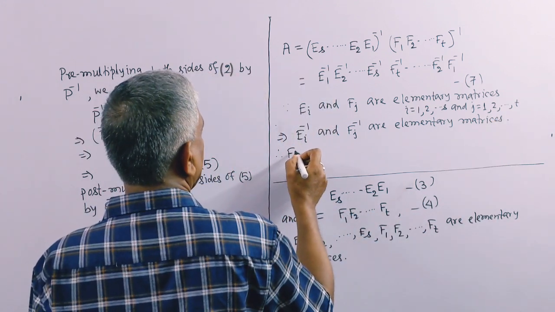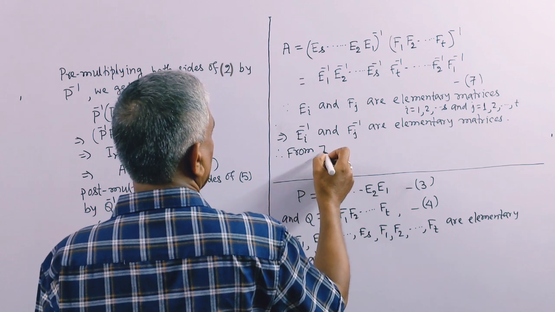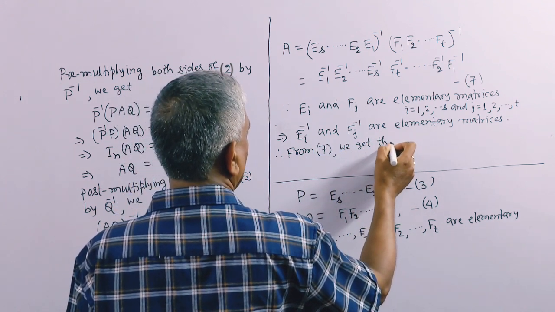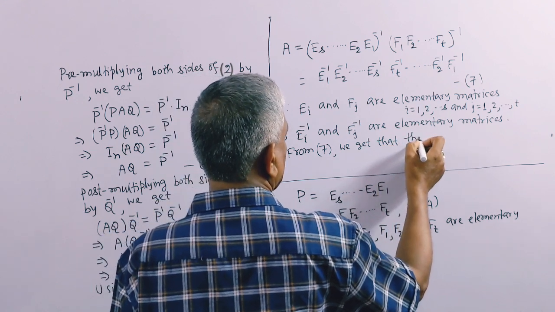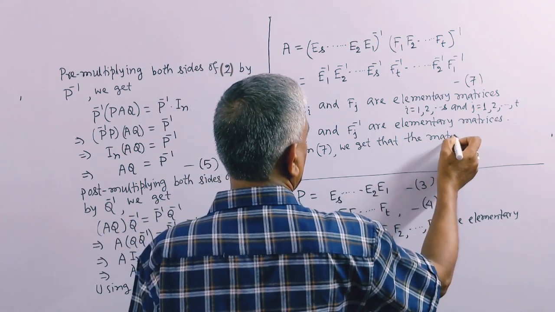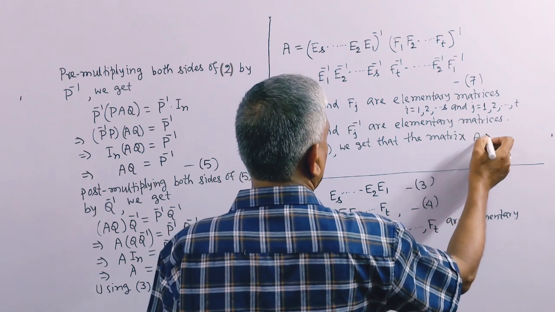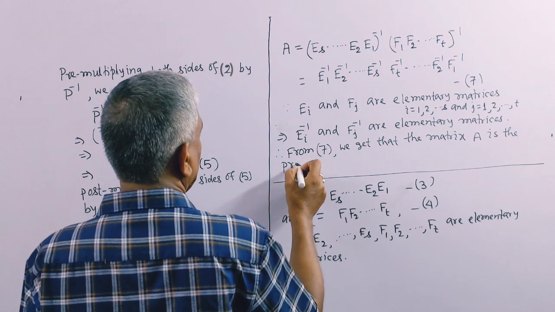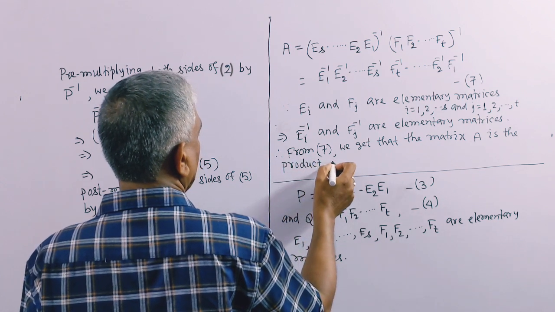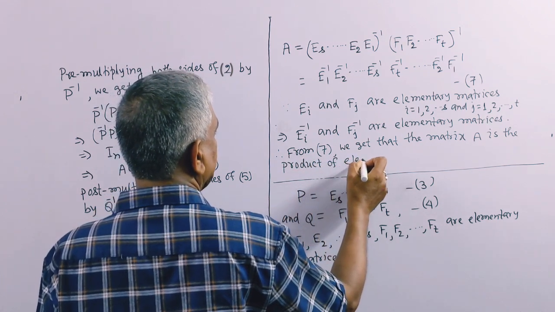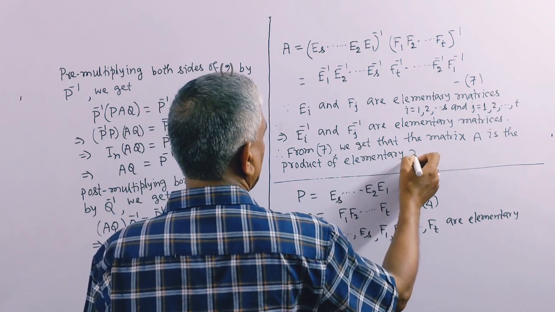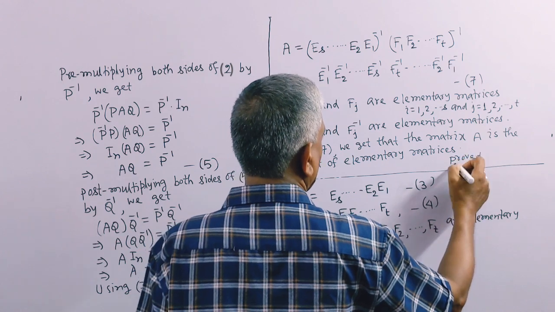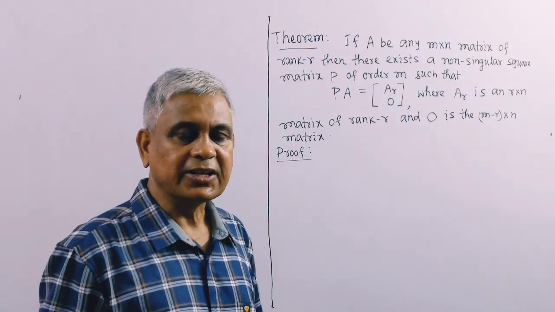Therefore, from 7 we get that the matrix A is the product of elementary matrices. Proved. Now we prove the next theorem.